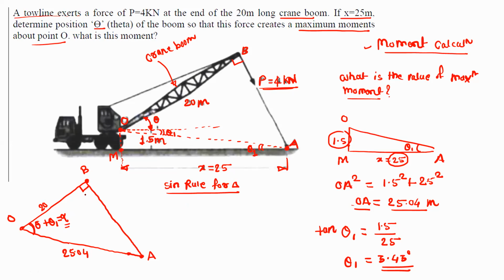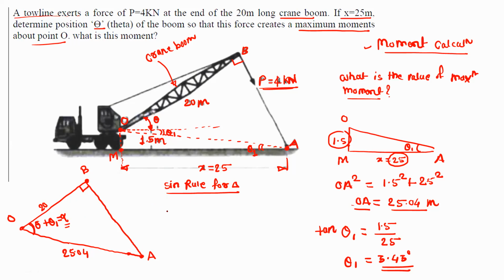If you have one angle, and if you have two sides, then we can find out the remaining angles and remaining sides by using the sine rule. So sine rule is: side OB divided by sine of opposite angle is equal to side AB divided by sine of opposite angle. It is equal to side AO divided by the sine of opposite angle.